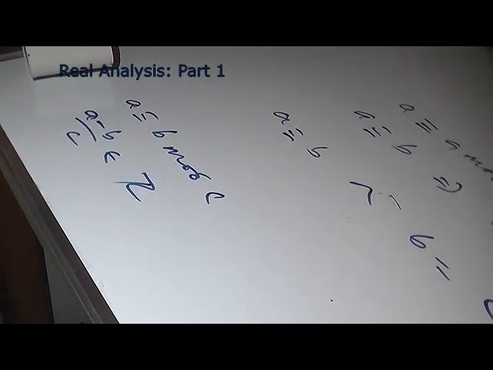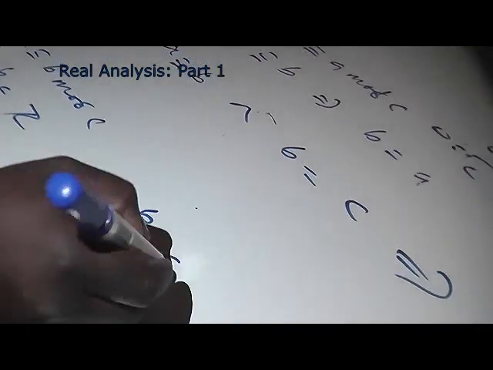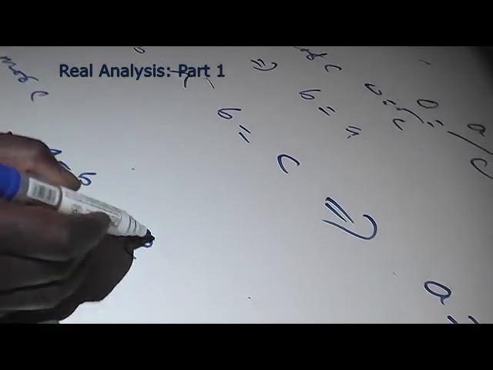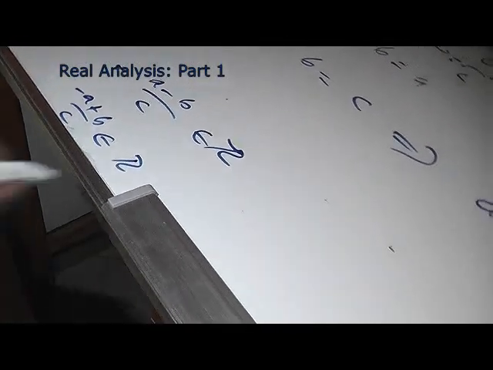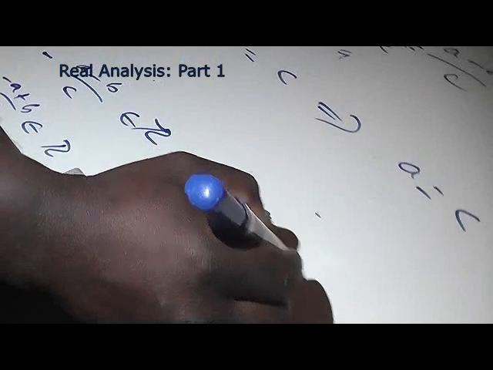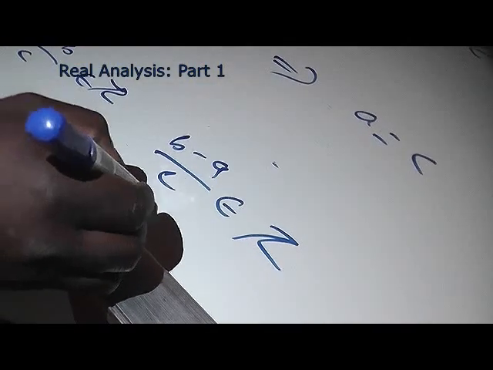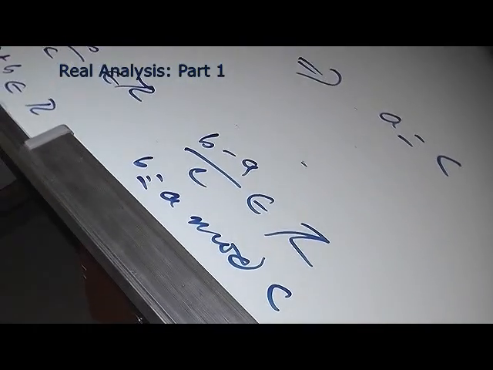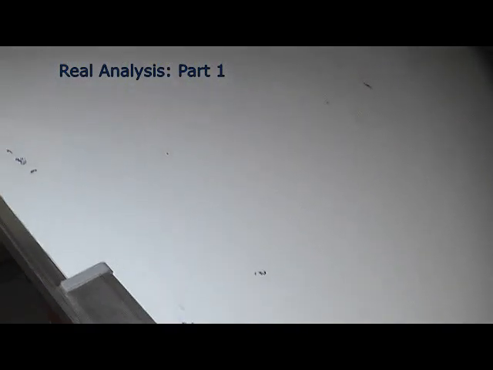If a number belongs to the set of integers, the negative of the number will also belong to the set of integers, which means minus A plus B over C belongs to the set of integers, which means B minus A over C belongs to the set of integers, which means B is congruent to A modulo C. This is symmetry.